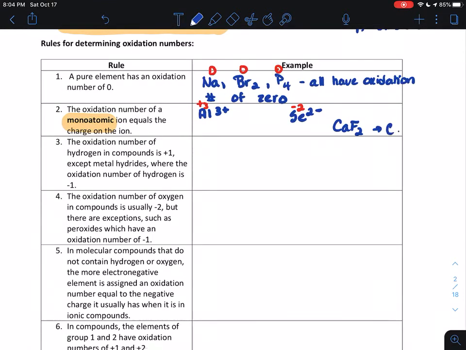So this is made up of Ca2 plus and 2 F minuses. The oxidation number for the Ca2 plus is going to be +2. The oxidation number for the fluoride ion is going to be -1. So again, for an ion, its oxidation number is going to be the ion charge.